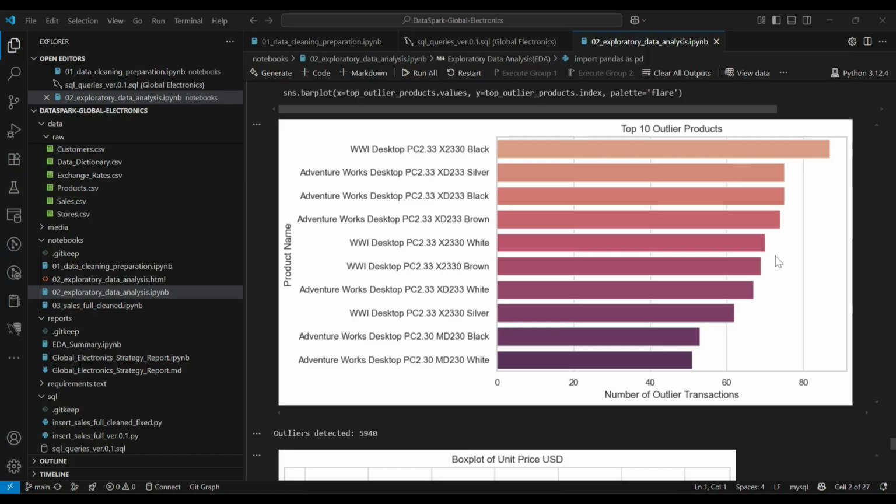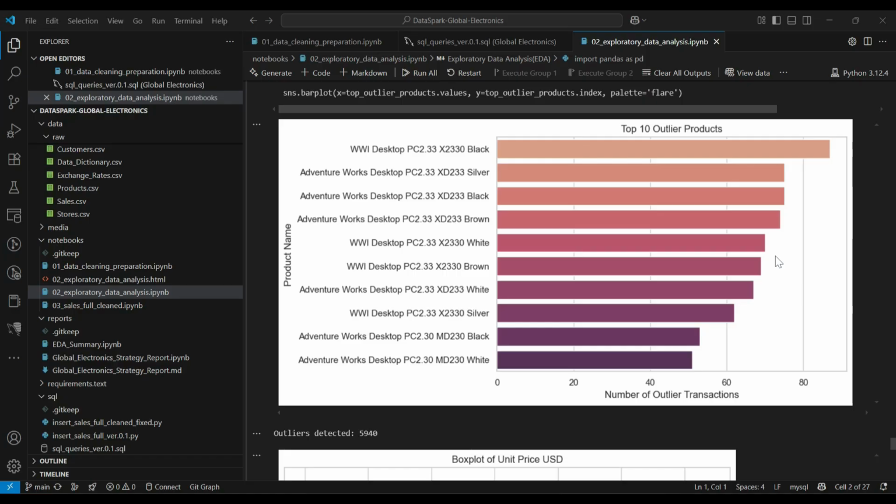Top 10 outlier products by frequency. Insight: the product WWI desktop PC 2.33 X2330, black leads with 85 plus outlier transactions, followed closely by Adventure Works XD233 silver and other high-end PCs.